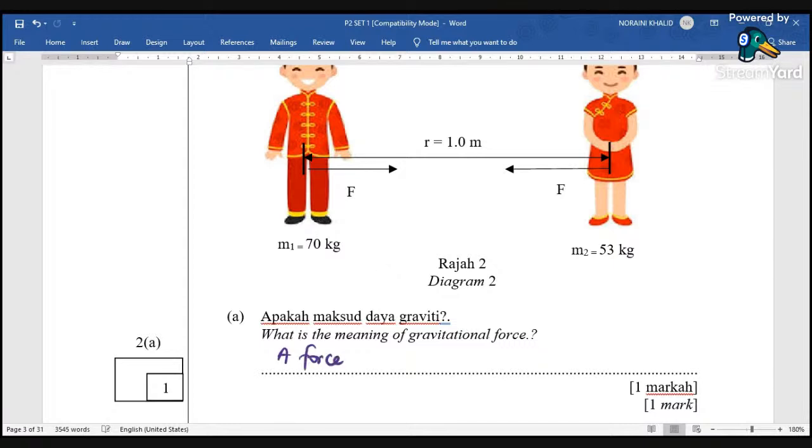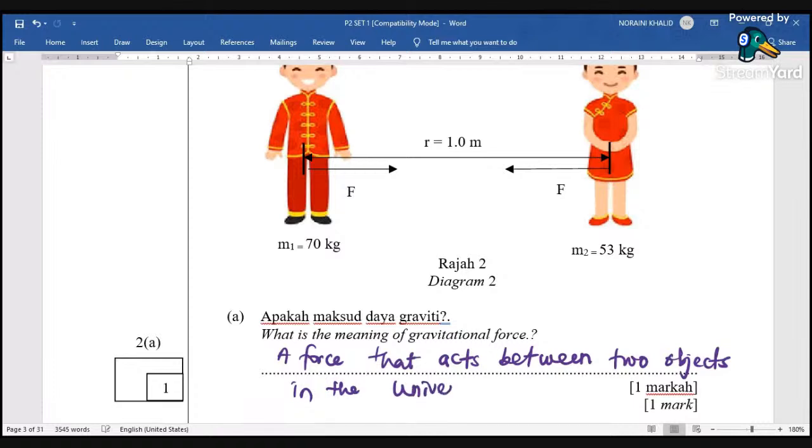Force that acts between two objects in the universe. Okay, any two objects that separated a certain distance will experience this gravitational force.